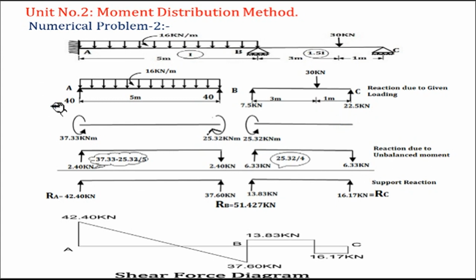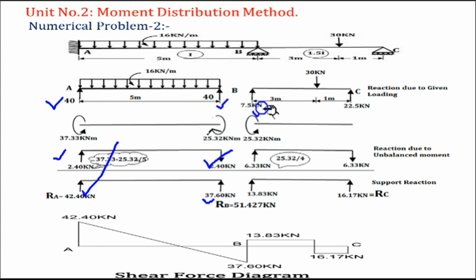Now add this reaction, take the sign convention, up positive: plus 40 plus 2.40 kilonewton. So we get plus 42.40 kilonewton. Plus 40 minus 2.40 kilonewton is 37.60 kilonewton, acting up because plus 40 is maximum.